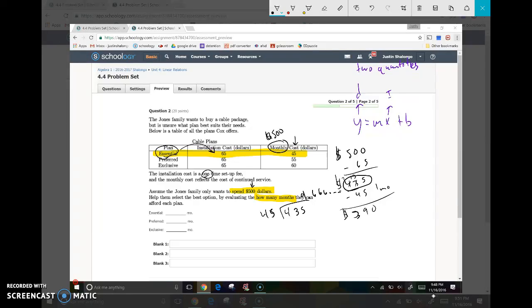And what this means to me is that 45 goes into 435 at least 9 times, so I can afford at least 9 months. In this case, the Jones family can afford 9 months. So we know that $500 is going to afford them 9 months of cable.